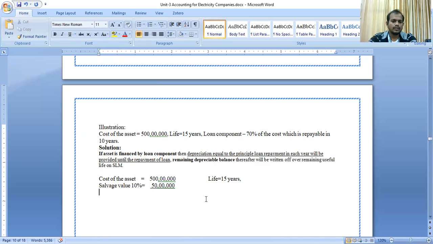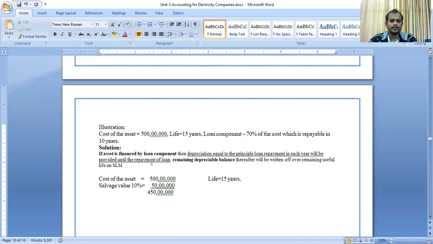So the depreciable value of the asset is 450 lakhs. So how much is the loan amount?